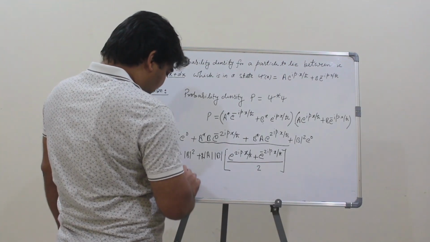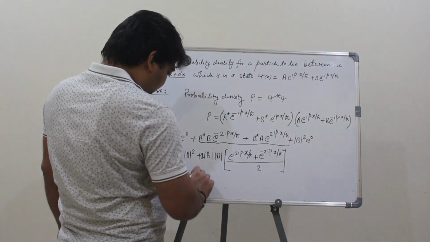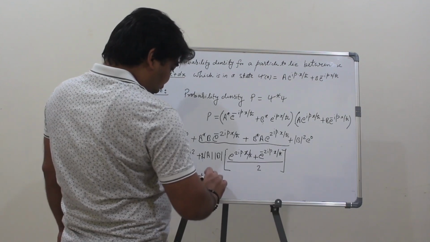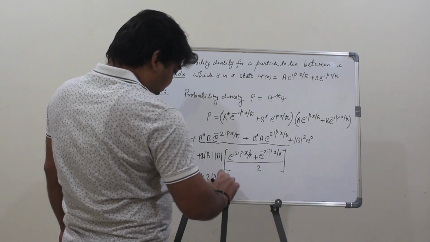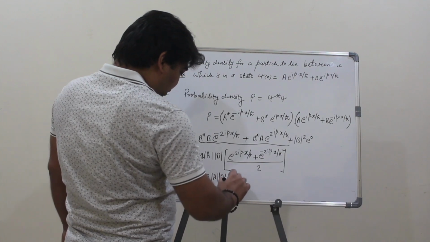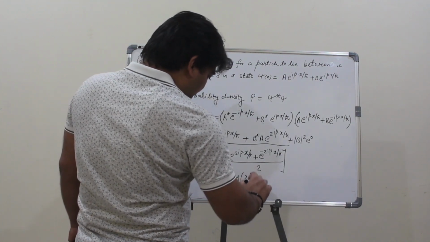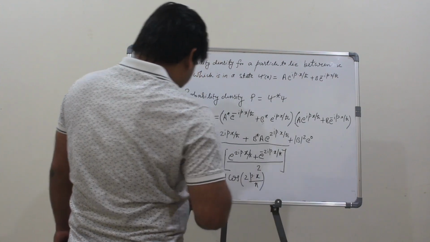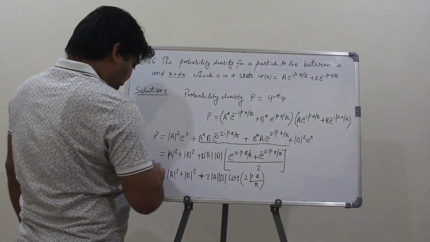So the probability density is mod A square plus mod B square plus 2 mod A mod B cos 2p·x divided by h-cut, right?